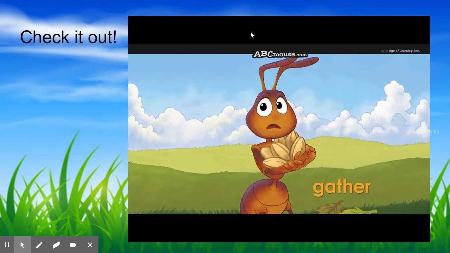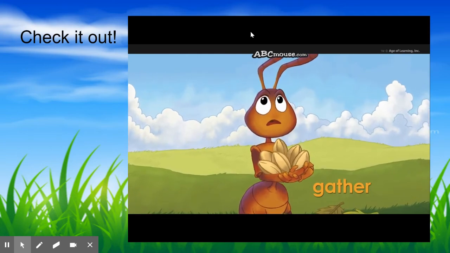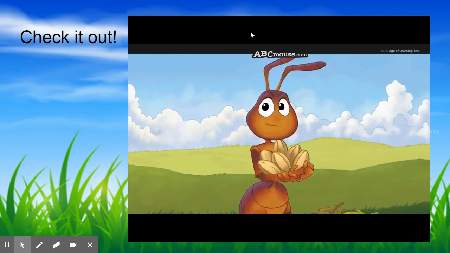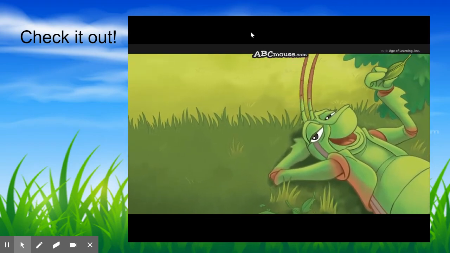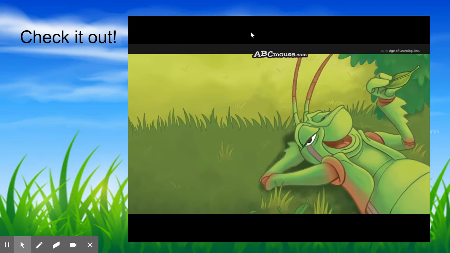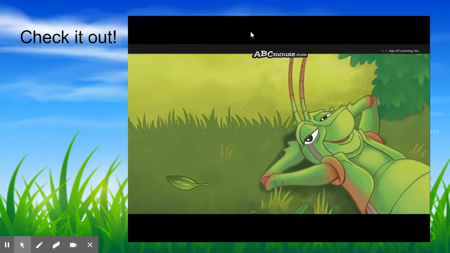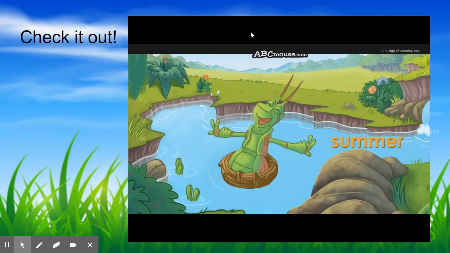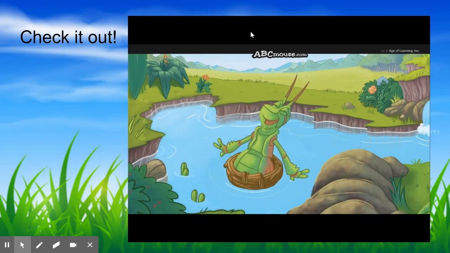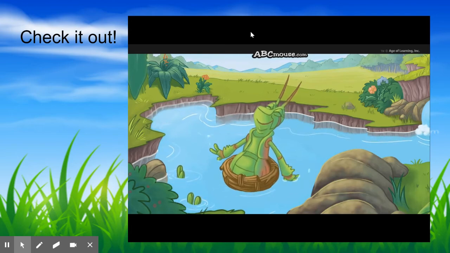"You should gather some wheat too. It's going to be a long winter with lots of snow." "I have all the food that I need right now," said the grasshopper. "Why worry about winter? It's still summer." All summer, the grasshopper did nothing but eat, sleep, and play. He became even fatter.